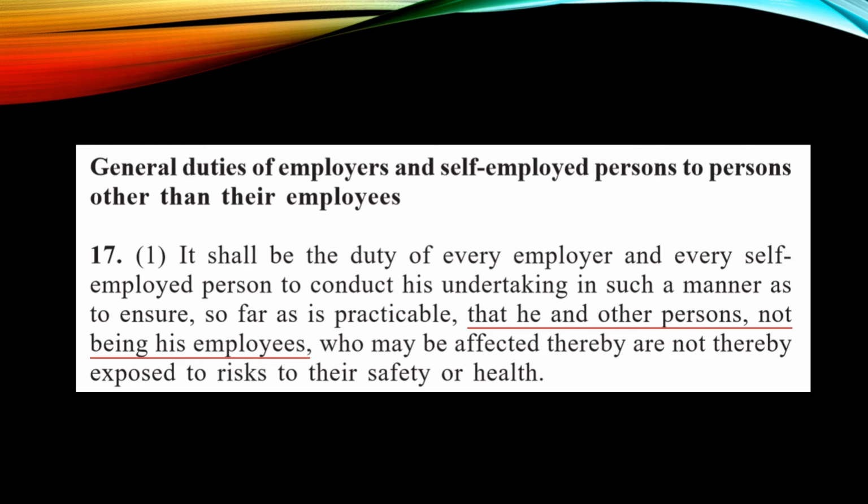In that case, it's not practicable to try and prevent that from occurring, because that is something that is totally unexpected. And if you ask yourself, is it something to be expected that you could have prevented that from occurring? The answer would most likely be no. So the law is not too rigid.